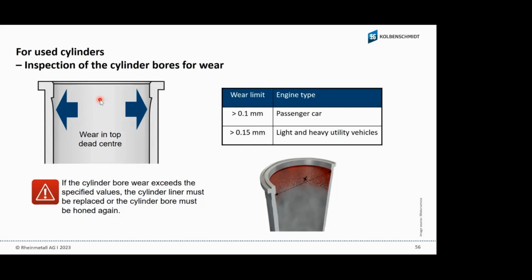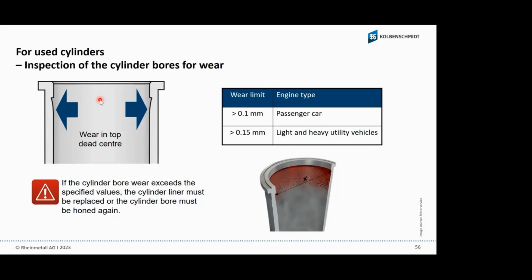The oil between the piston ring and the surface is moving away, and the piston ring has direct contact with the surface. And this is why we have on the top dead center, in this area, the piston ring is turned from top to down. We have a lot of wear. You see 0.1 millimeter on the passenger car, it's a calculation, then it will be a problem.